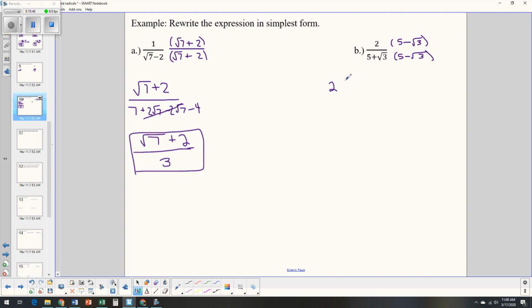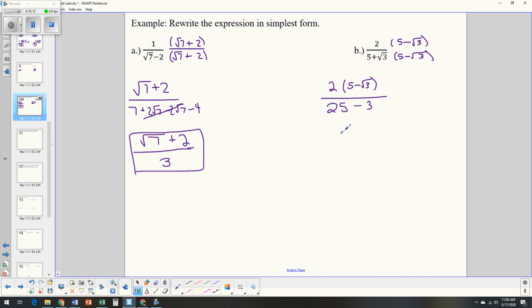So we're going to have 2 times 5 minus radical 3. And on the bottom, notice we're always going to cancel those middle two. So all I really have to focus on is the 5 times 5, right? We're going to get negative 5 root 3 plus 5 root 3. Those cancel. And then negative root 9 or 3.